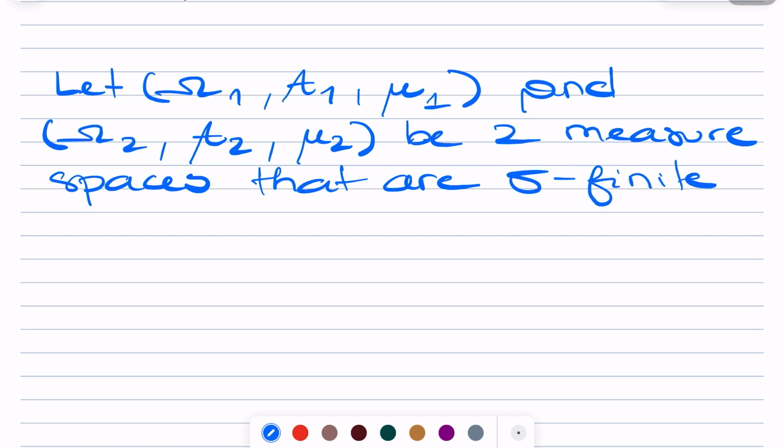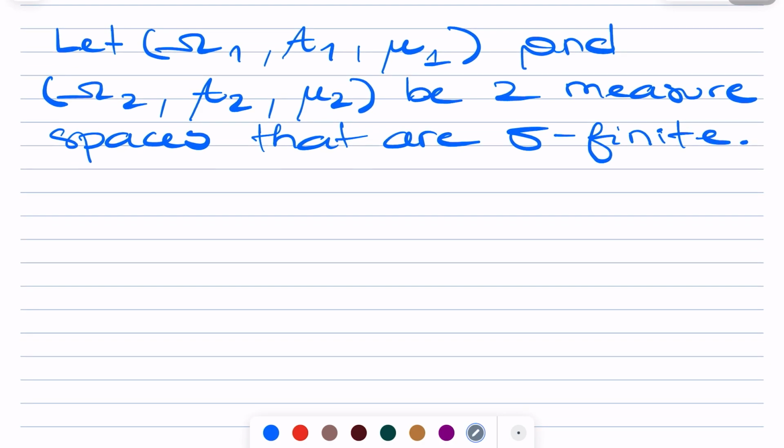Okay, so what you have to know is that one can define the standard way. Let me just write it.